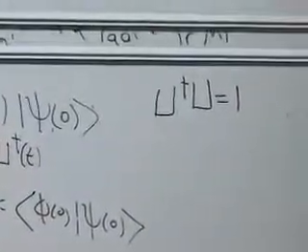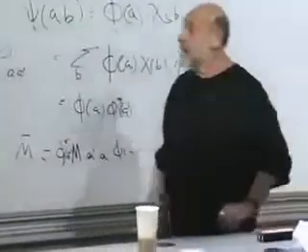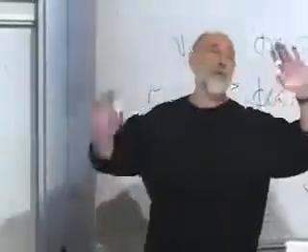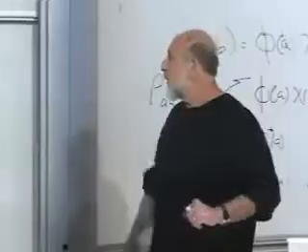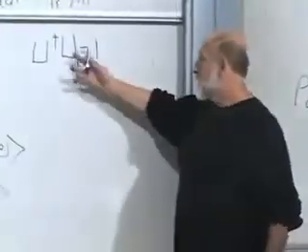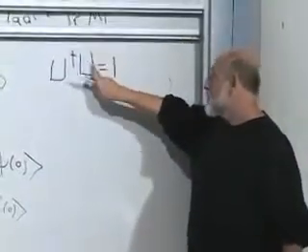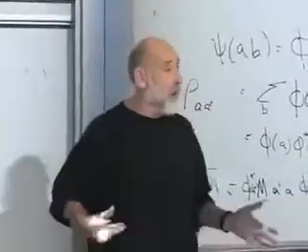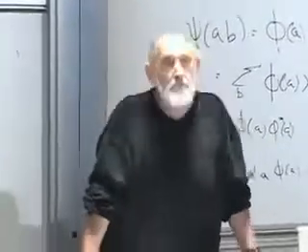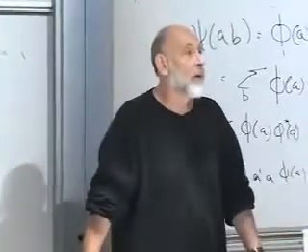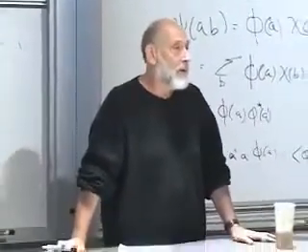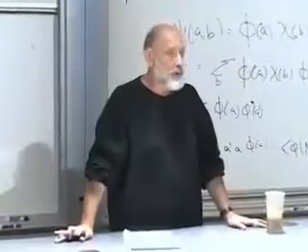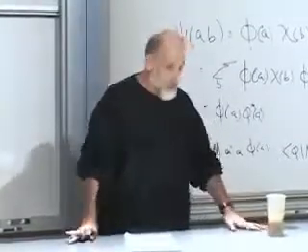Matrices with this property, or operators with this property, that the product of them times their Hermitian conjugate is 1. First of all, before we even talk about that, if these were just numbers, it would correspond to a number times its complex conjugate. If a number times its complex conjugate is 1, what does that say about the number? Unit vector, or radius 1. It's a phase. It's a pure phase. It's an e to the i theta of some sort.